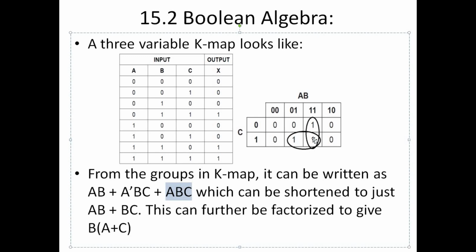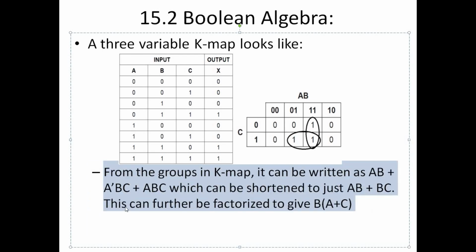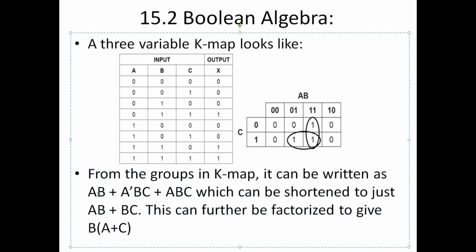We'll put an OR gate between these three terms and then we can simplify them further. Over here we have A bar, over here we have A, both of them can cancel each other out. We'll be left with BC plus BC, that can be further simplified to simply BC.